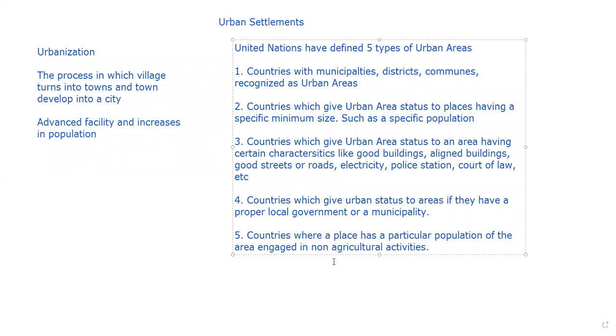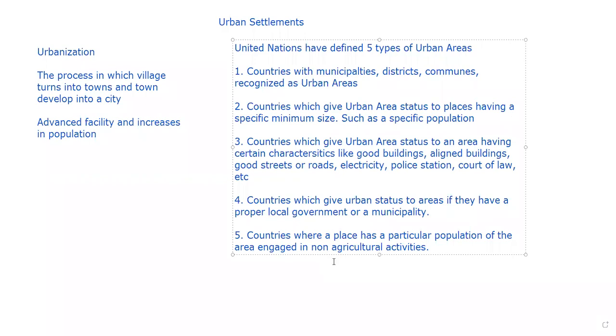But the proper urbanized areas are the ones defined by the first world countries, because those are the countries where places have witnessed growth from a very tiny little town to a giant city, like London, Paris, New York, Karachi, Mumbai, Tokyo, Shanghai, Beijing. So these are the cities which have properly undergone the process of urbanization.